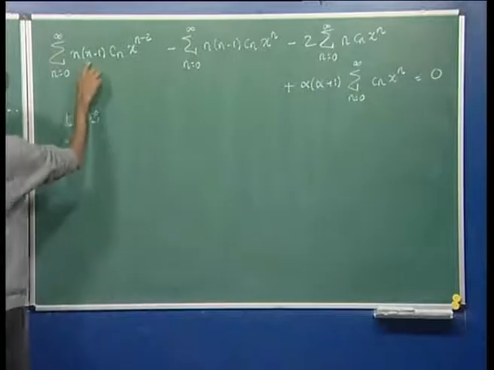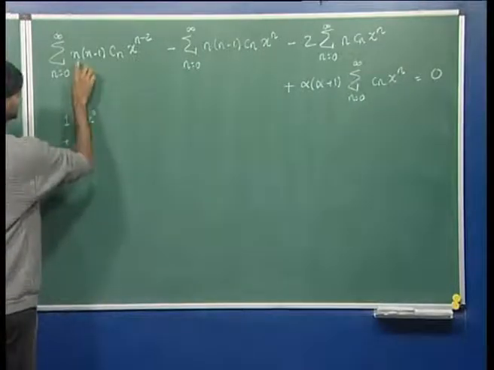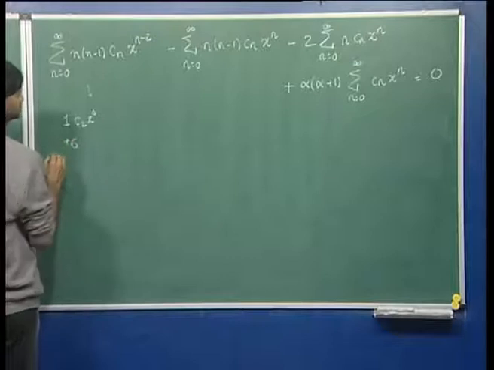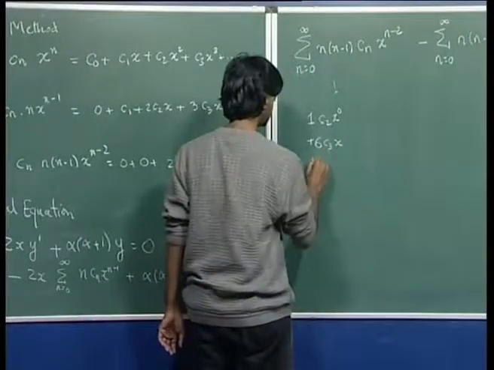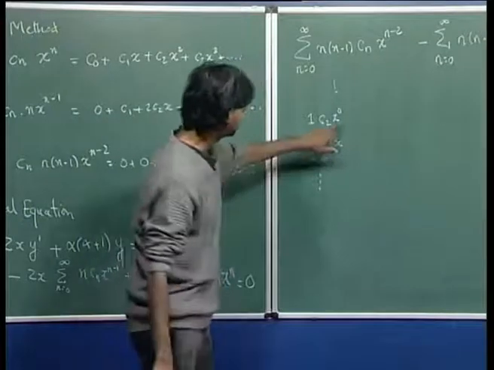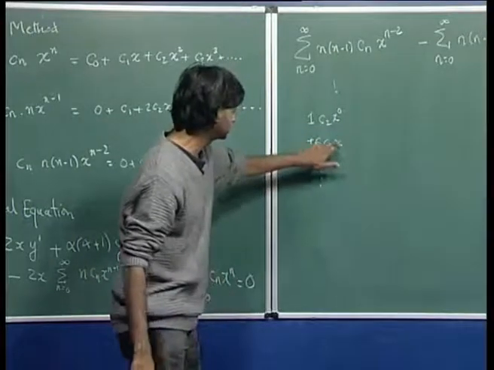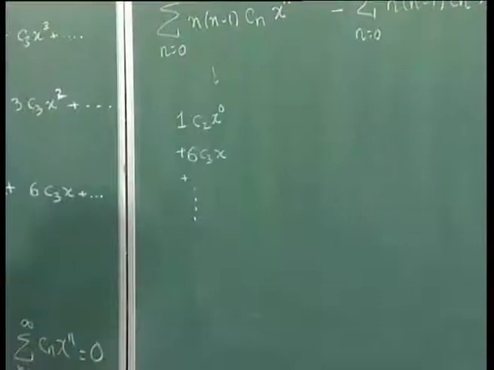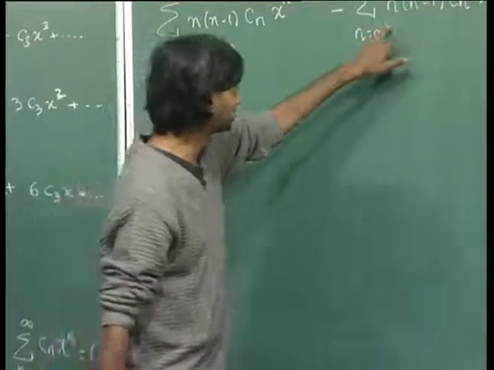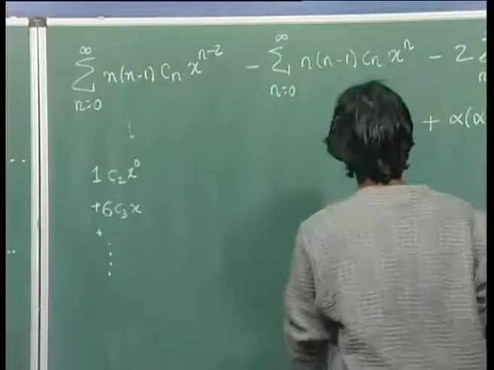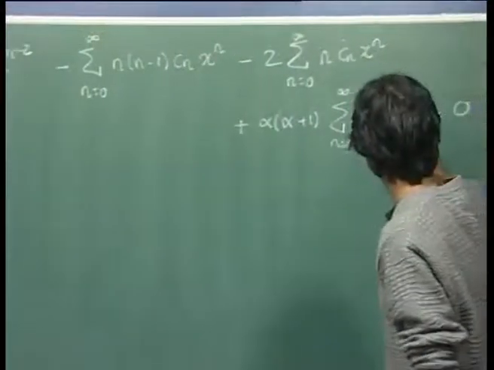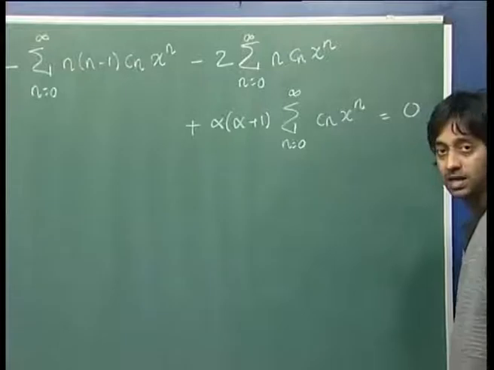Okay, then when n equal to 3 I will get 3 into 2, that is 6 C 3 x, and so on. So, I get a power series in x, so that the powers of x will keep increasing all the way up to infinity. Similarly, for this also I will get terms of various powers of x, and for this and for this. Okay.